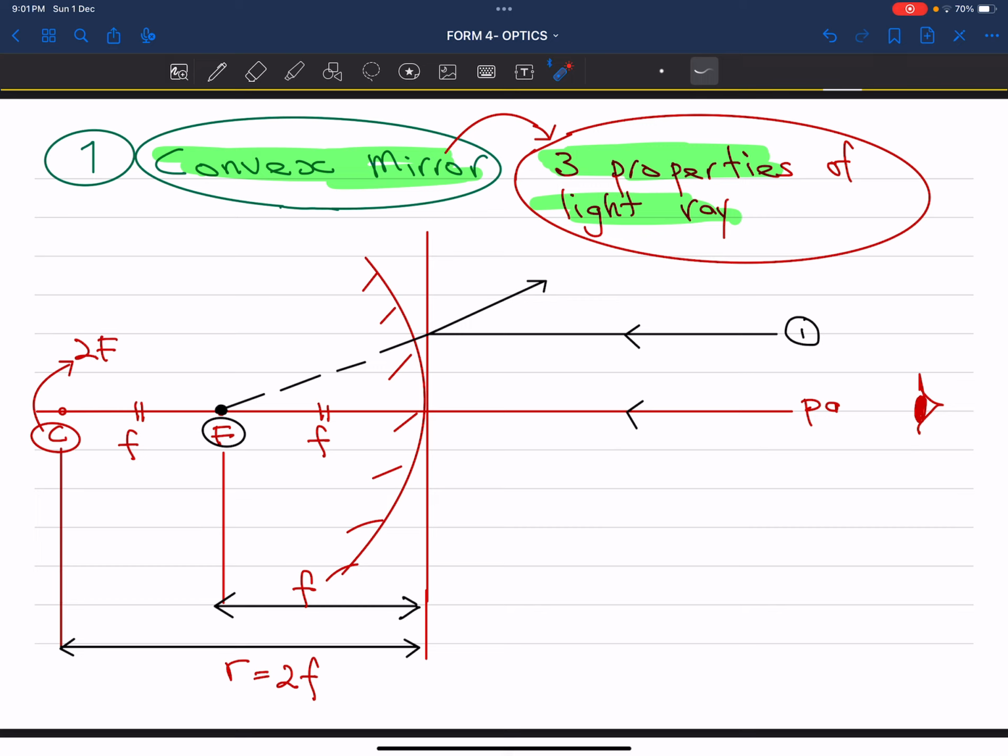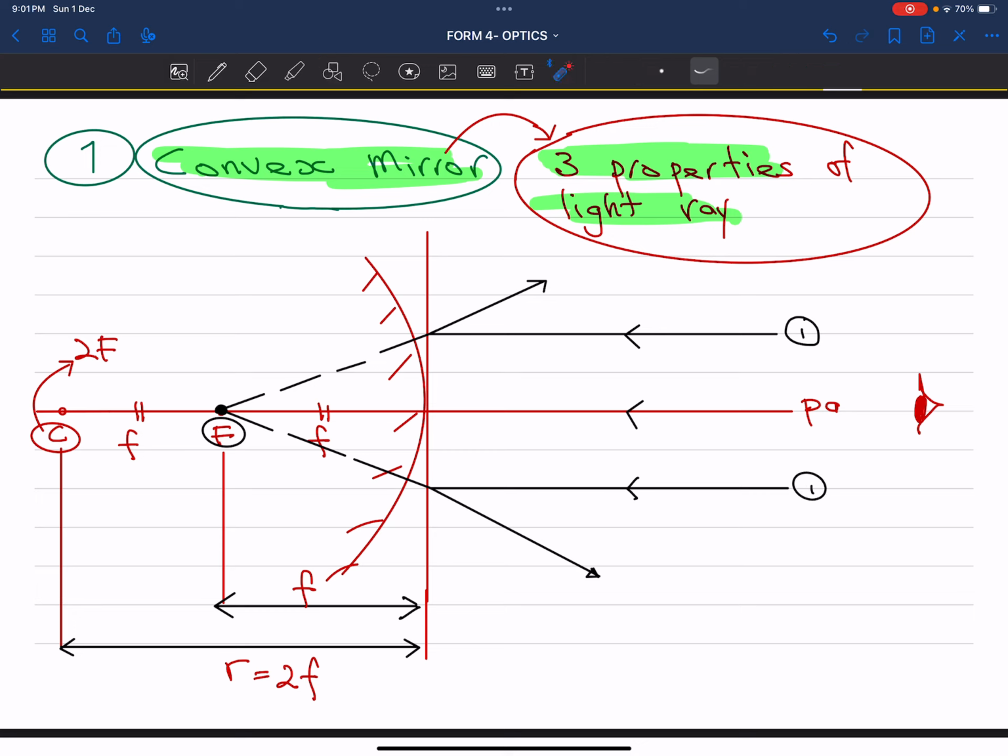Not necessarily up. The light ray can also be down. I can draw here a light ray that is parallel to the principal axis. It will get reflected as though from F. So I'm doing broken lines until here. This is our first property.